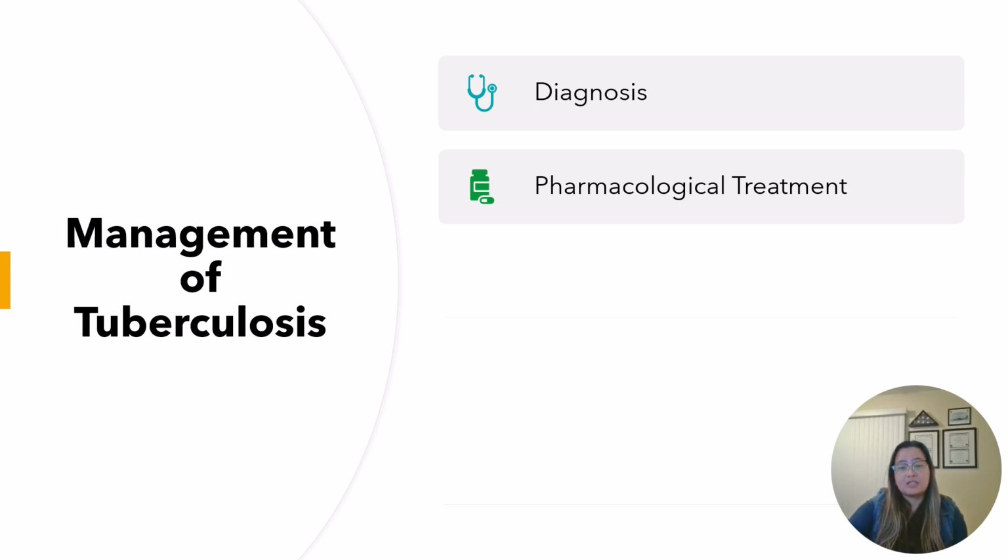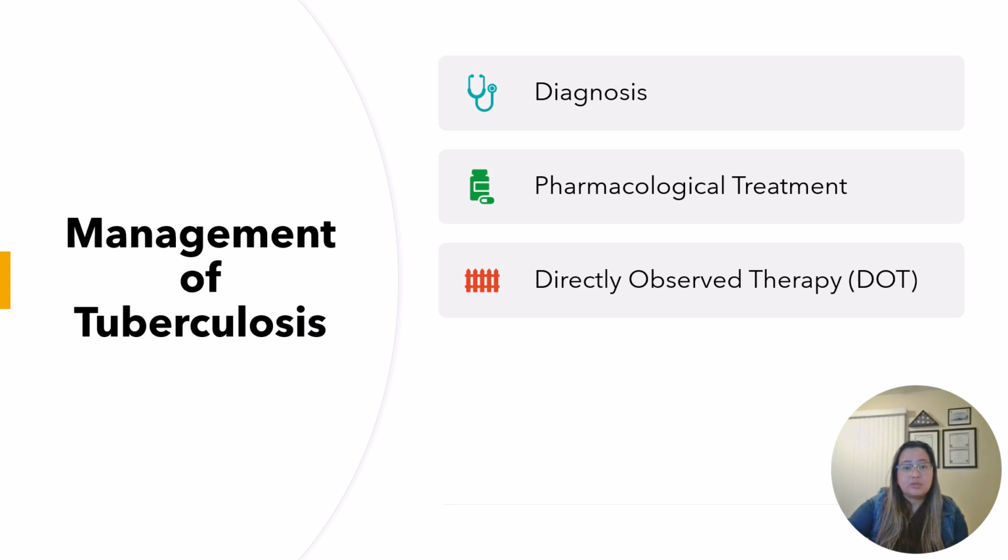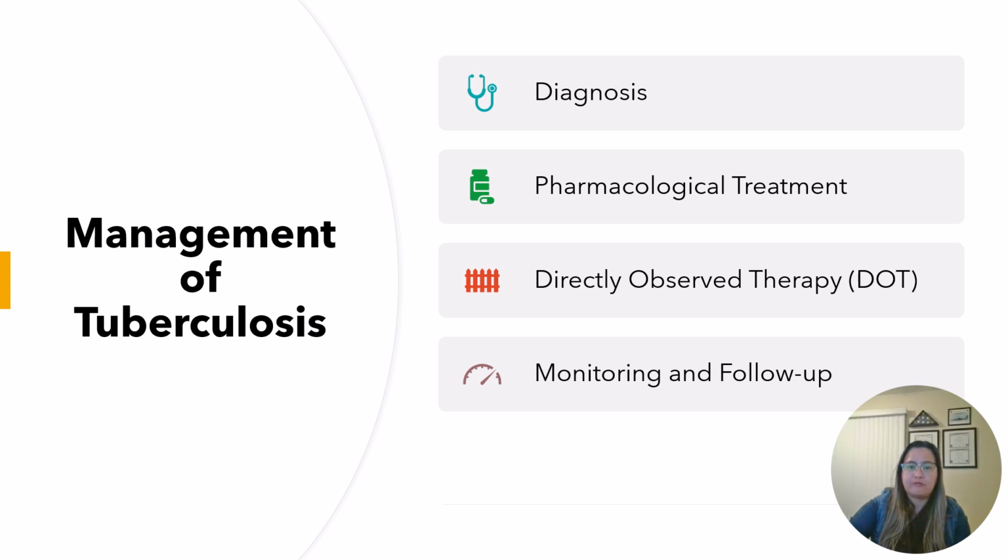Treatment usually lasts 6 months or longer. To ensure adherence, healthcare workers may supervise patients taking their medication, which helps prevent drug resistance. Regular follow-up is necessary to monitor for side effects, assess response to therapy, and check for complications or relapse.